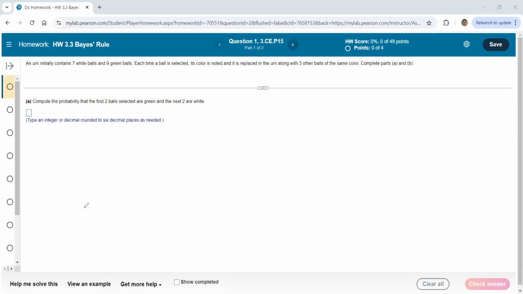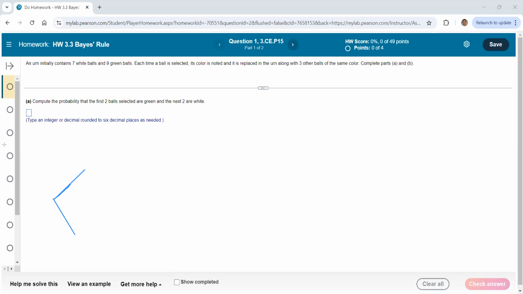Okay, so let's draw a tree. There are 4 steps, so we need some space. All right, let's use a line. Okay.